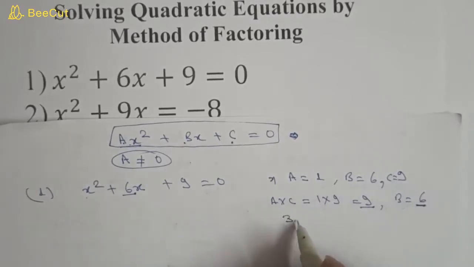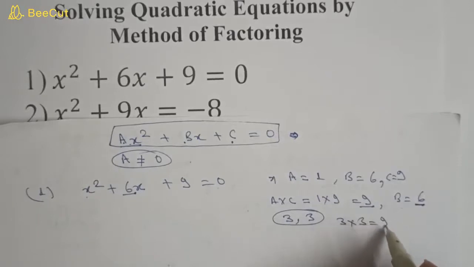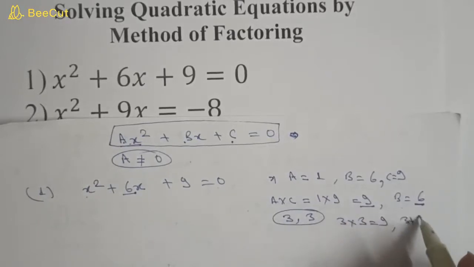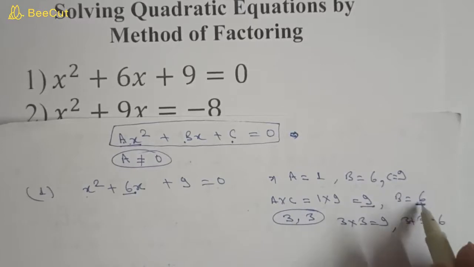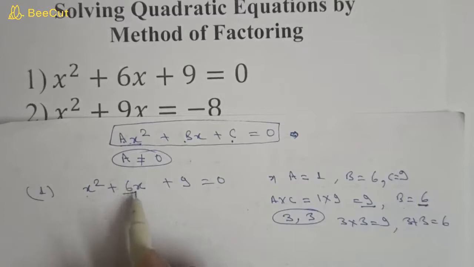So if we take 3 and 3, these are the two numbers. If we multiply 3 into 3, we get 9, which is equal to ac, and if we add 3 plus 3, we get 6, which is equal to b. So we will write 3 + 3 in place of 6.